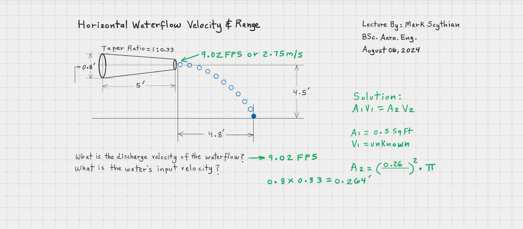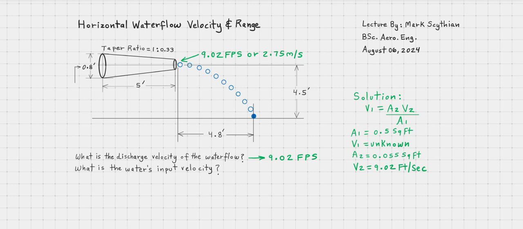So 0.8 times 0.33 is the diameter of the output. We divide it by 2 to get the radius, squared, times pi. Then we record that value, and we know the output velocity is 9.02 feet per second.